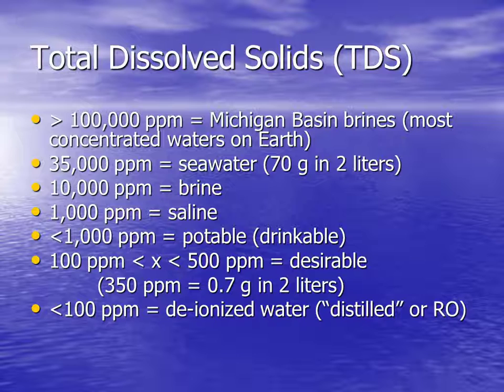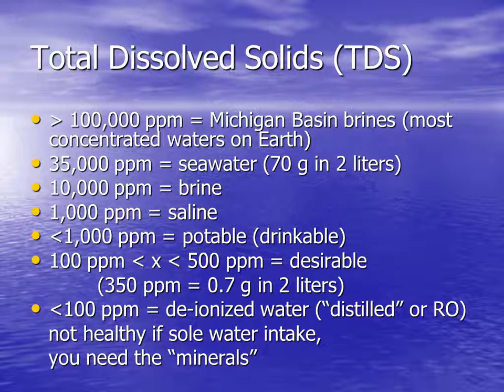Another technique for making deionized water is to run it through filters. That's called reverse osmosis. Put it under pressure, run it through a filter, and remove the salts from solution. But you generally don't want waters much less than 50 parts per million, at least to be drinking those commonly.